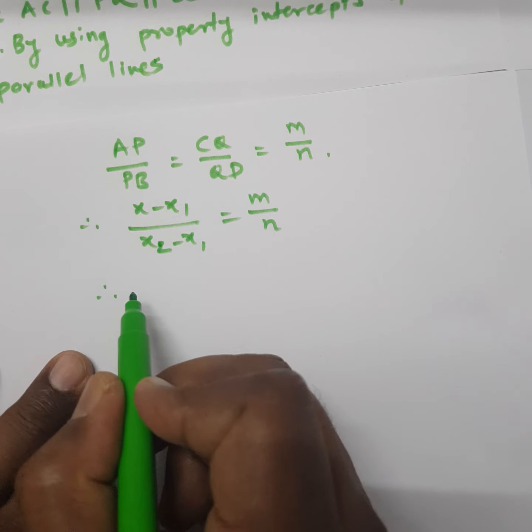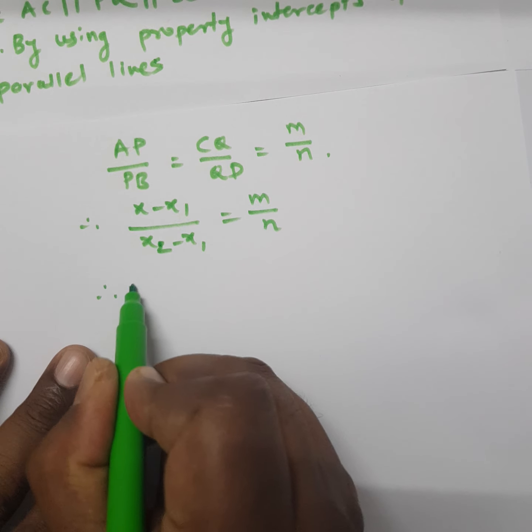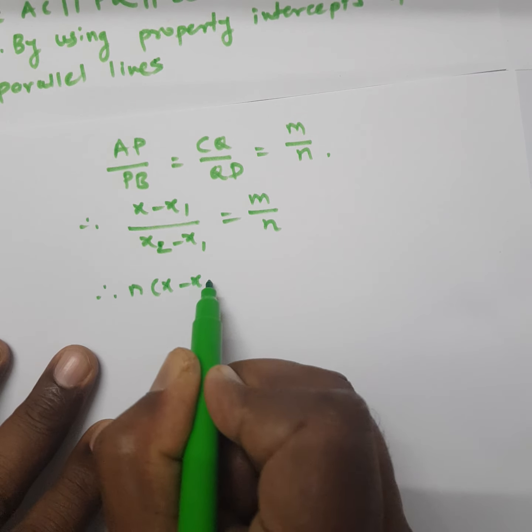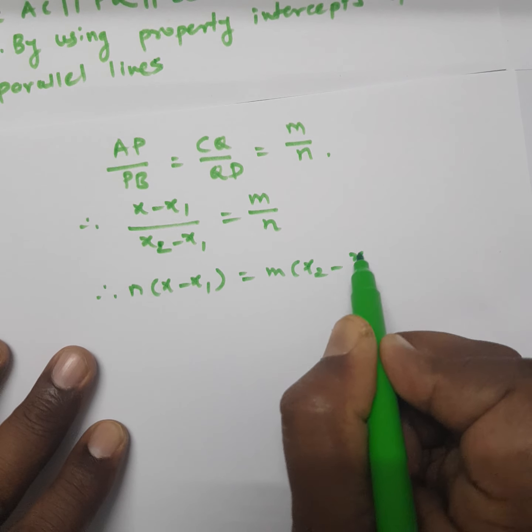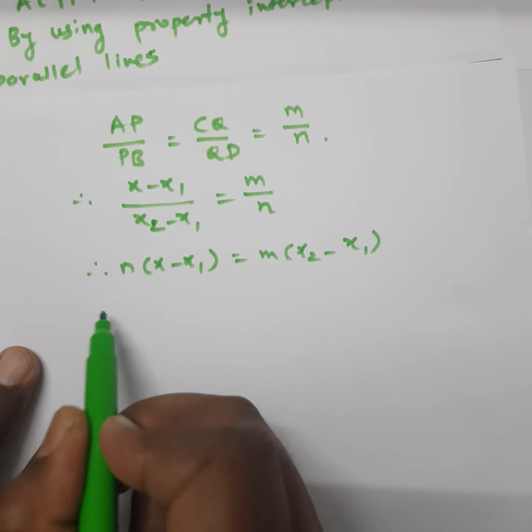Therefore, if we cross multiply, n(x minus x1) is equal to m(x2 minus x).